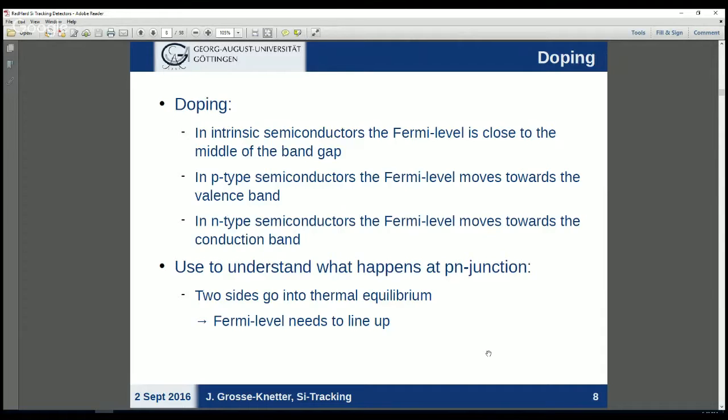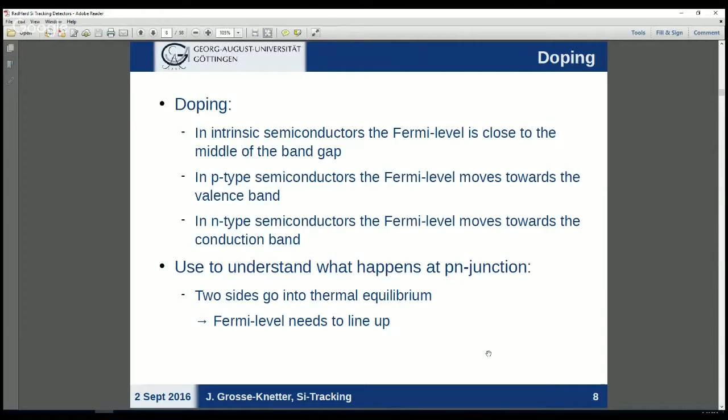The way you typically describe this is that you have a Fermi distribution, which spreads out over the 50% probability point, which is the Fermi level, and the higher the temperature, the more it spreads out. So for a normal intrinsic semiconductor, as it's called, so one that comes with a nearly pure lattice, this Fermi level is more or less in the middle of the band gap, and the distance to conduction and valence band is more or less the same.